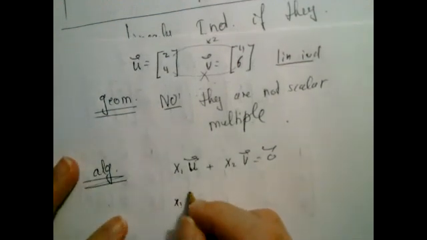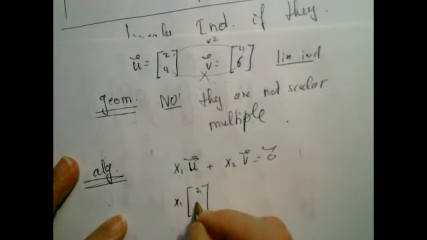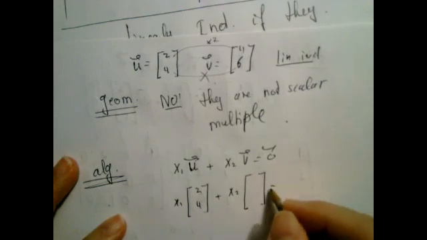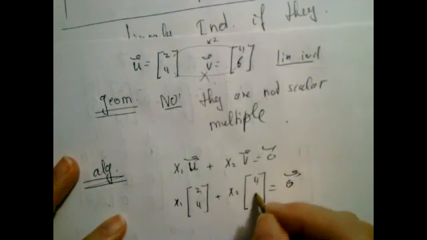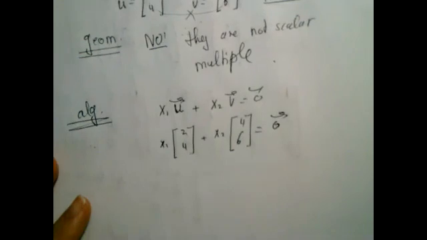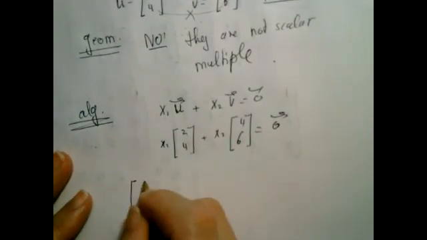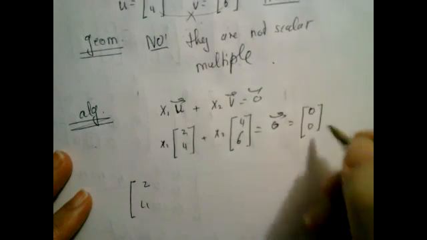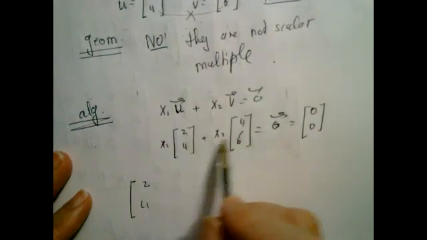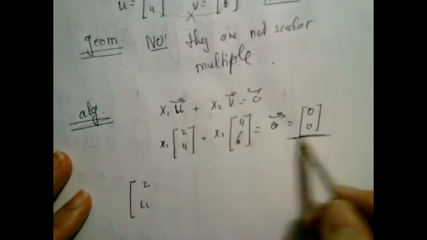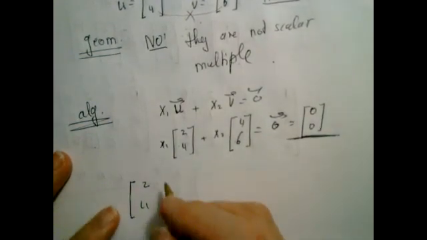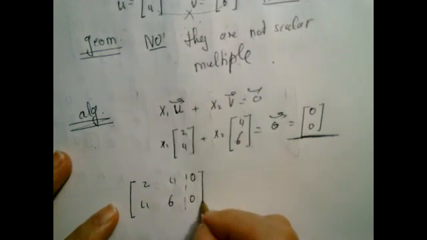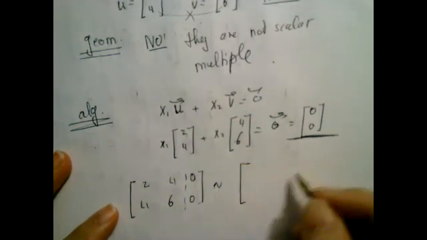So I'm asking myself, if I solve this system, this homogeneous system, so be very careful, that's a homogeneous system, can I find non-zero weights? All right, so let us solve the system. Remember, 0, 0, that's the vector 0, 0. This vector has two entries because I'm adding vectors in R2, so this has to be in R2 vectors. 2, 4, 4, 6, 0, 0. Okay, we do that.